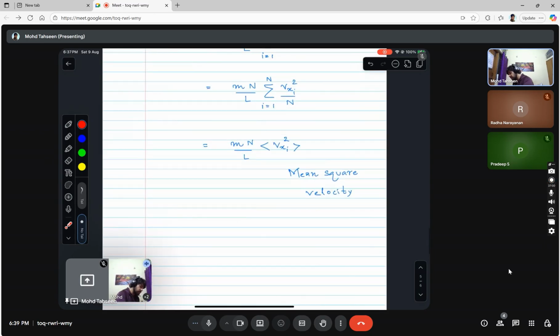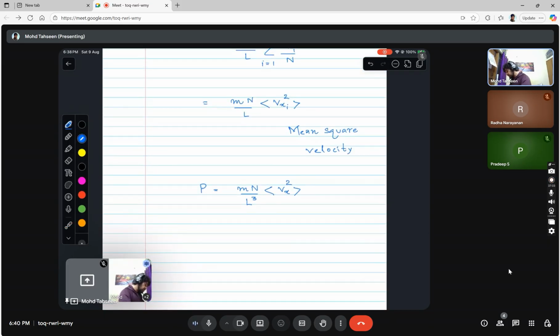So if we divide by L squared, there's an L already there, we will get L cube. I can drop the i now. This quantity is self-explanatory, right? This represents the mean square velocity or mean square speed.